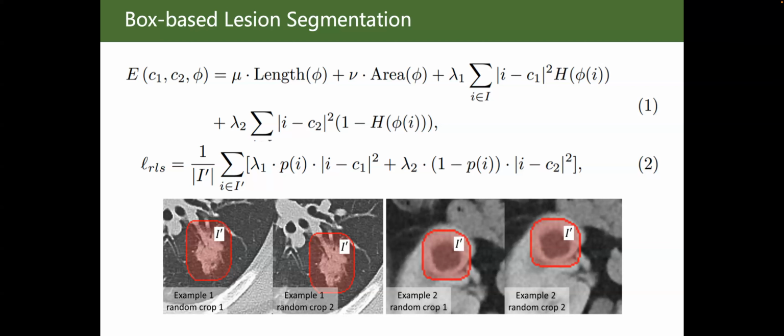The second equation is the proposed regional level set loss, where P is the predicted probability map of the lesion. And this figure shows 2 examples where the region inside the red contour is the constrained region. As we can see, for the same lesions, the size of the constrained region remains stable under different data augmentation during training, for example, random cropping or rotation.